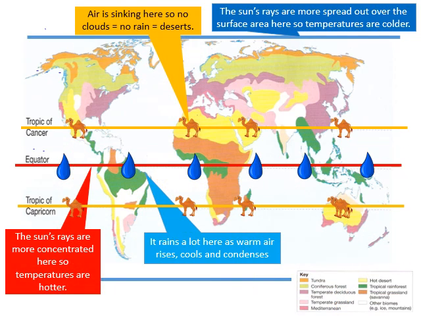Okay. Now, the further away we move from the equator, we find the Tropic of Cancer and the Tropic of Capricorn. In these areas, the air is sinking, and the reason that the air sinks is because once it's rained, the air moves either north of the equator or south of the equator.